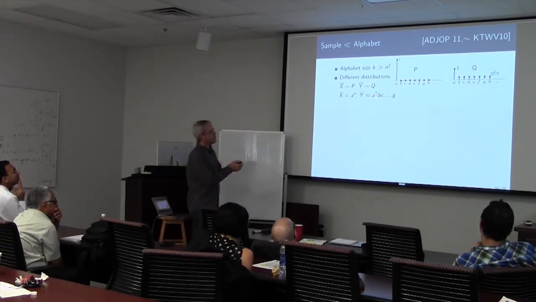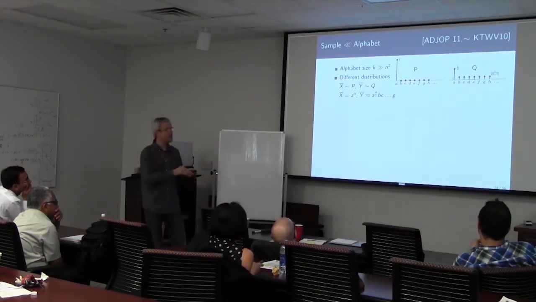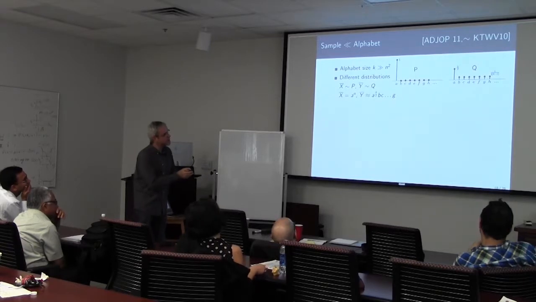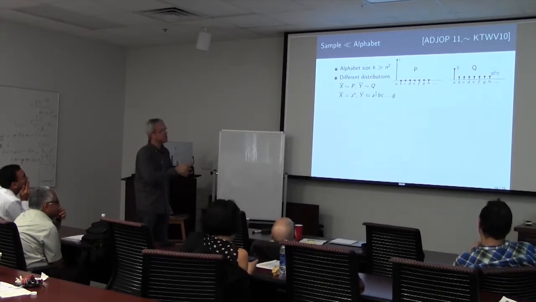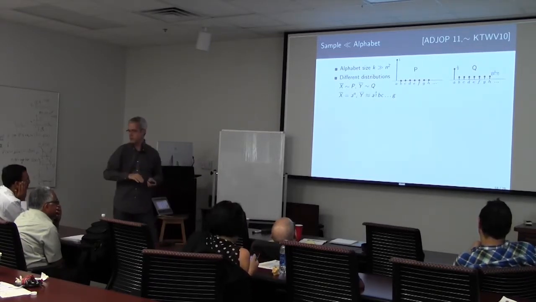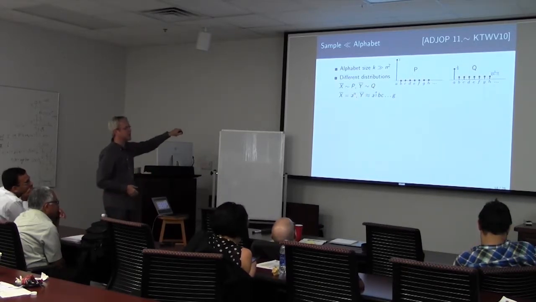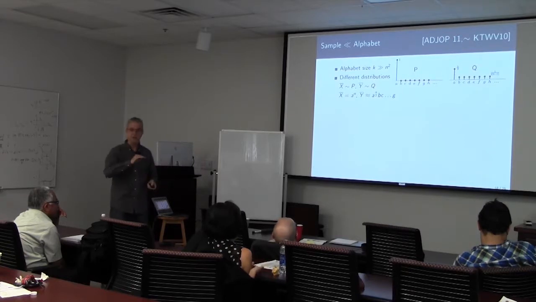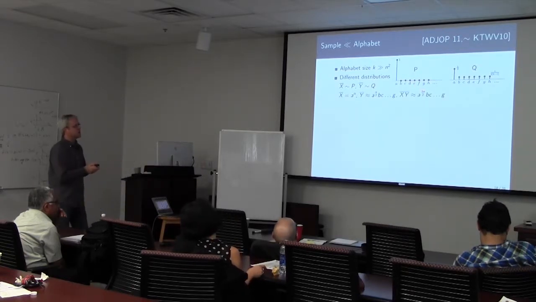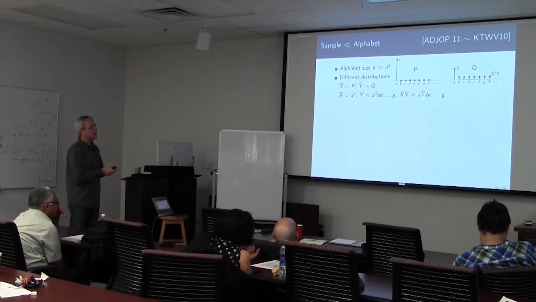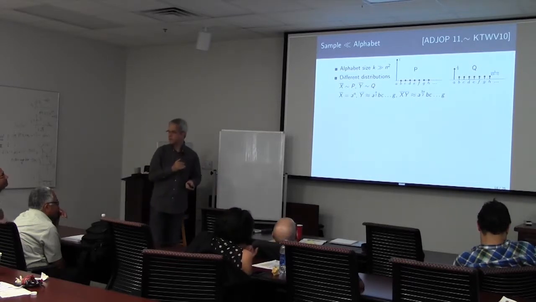Q, half the time we're going to get A, so A will repeat roughly n over 2 times, and half the time we'll get one of the remaining symbols, but because K is bigger than n squared, again, birthday paradox, all of them will be different. Okay, so this is what we expect to see. We expect here to see A all the time, here we expect A half the time, and the rest are different. Okay, and so in the concatenation A appears 1.5n times, and the rest are different.